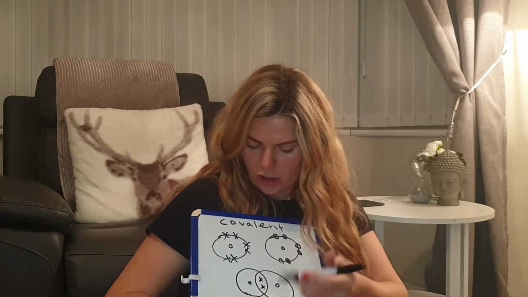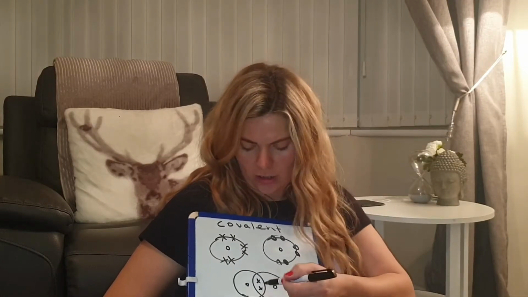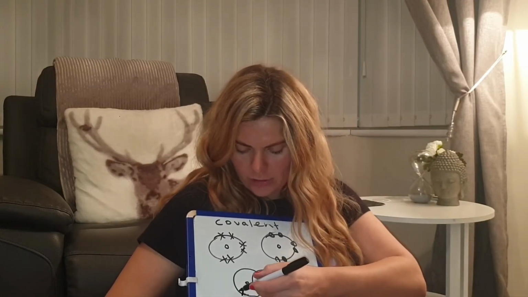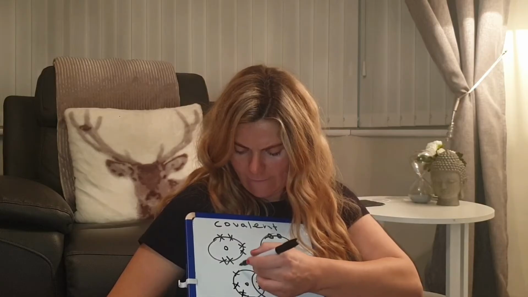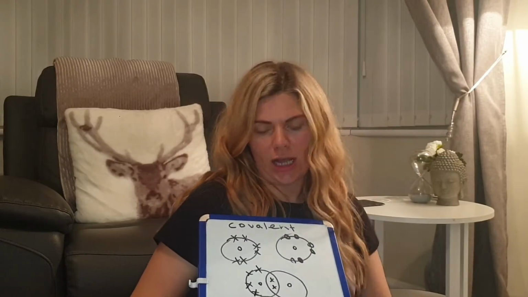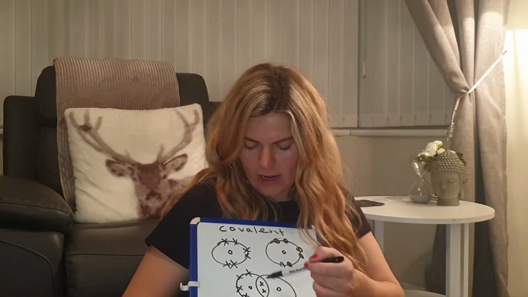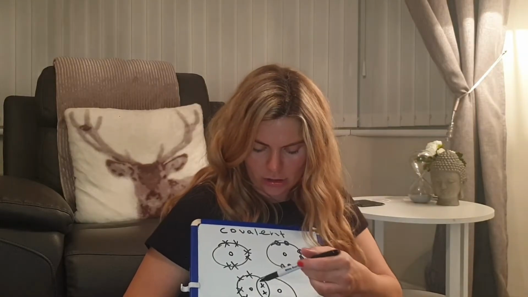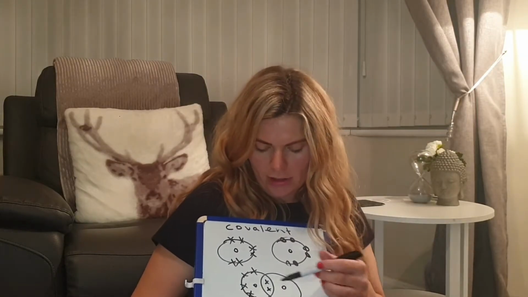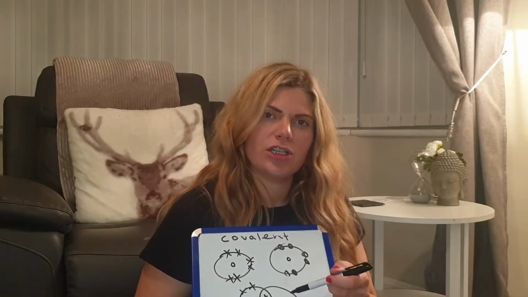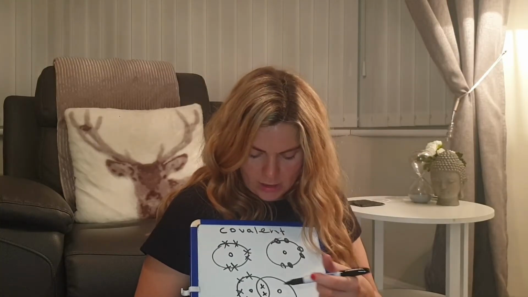It's got 6 altogether in the outer shell, so we use the remaining 4 to go around its shell. These 4 will just carry on going around the oxygen it belongs to, but these 2 in the middle will go around both. So both oxygens will feel that they own them.